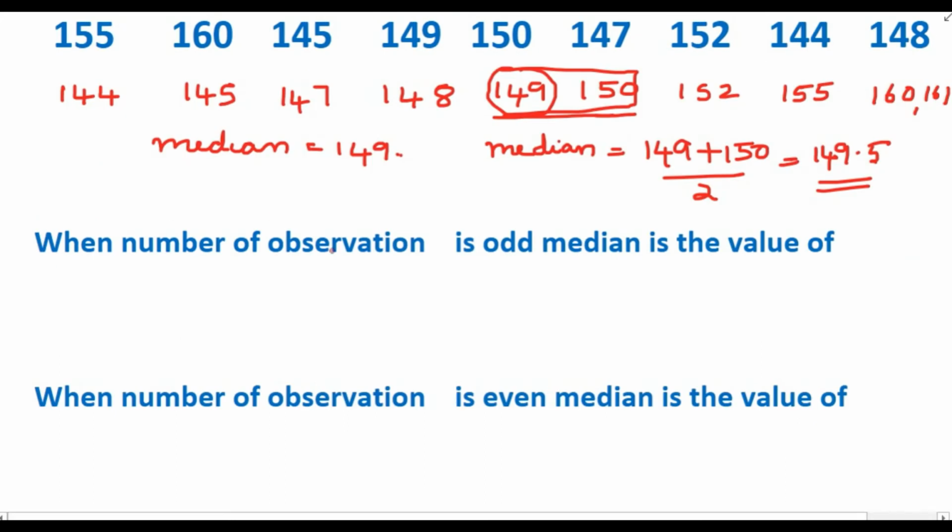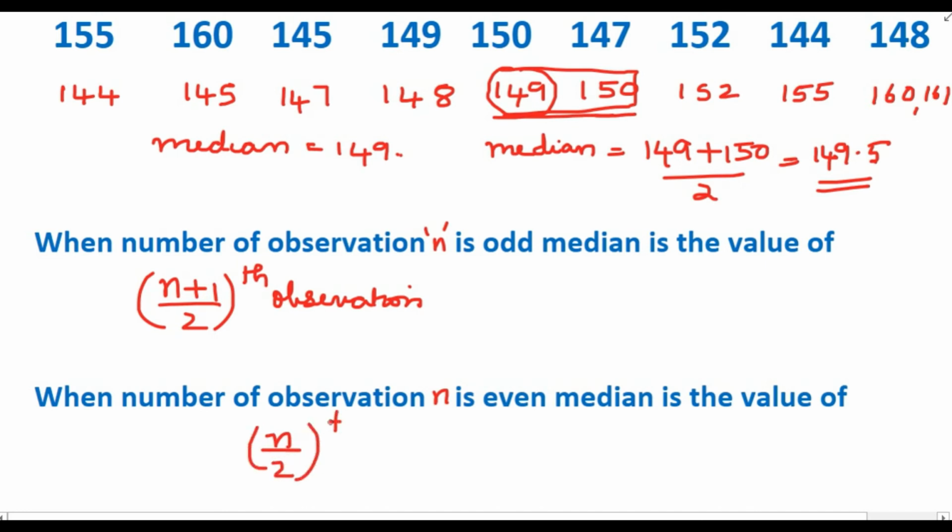So when number of observations is taken as n, in general, if n is odd, median is the value of (n plus 1) by 2th observation, and when the number of observations n is even, the median is the average of the n by 2th and n by 2 plus 1th observation.